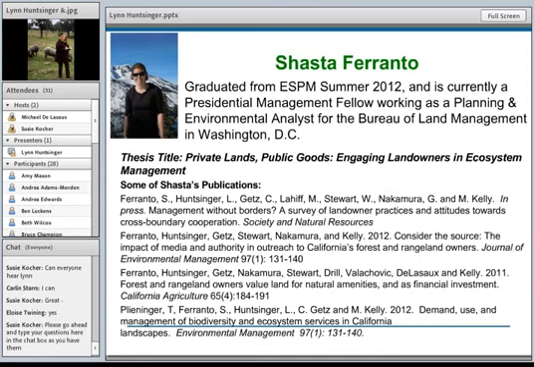But all that aside, really where the difficulty is and where it gets interesting is in interpreting and analyzing the data. And Shasta did a fantastic job of that. Shasta graduated from ESPM in 2012 and is currently a Presidential Management Fellow working as a planning environmental analyst for the Bureau of Land Management in Washington, D.C. Here's some of Shasta's publications, and the things I'm going to discuss today are based on 3 of those publications, one of which is almost published, but not quite.